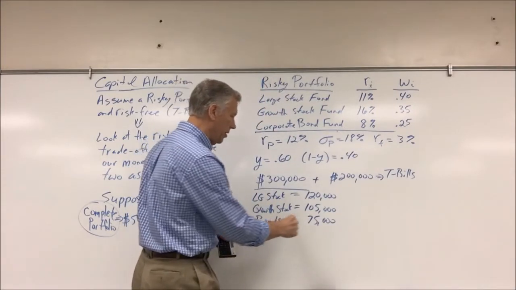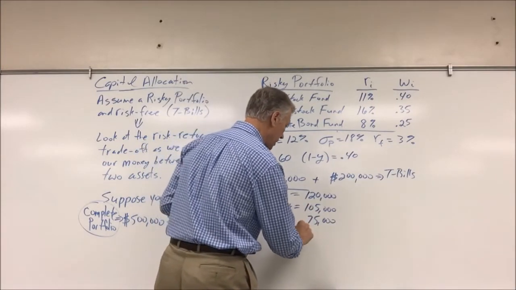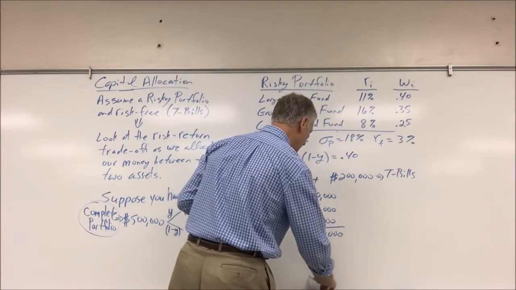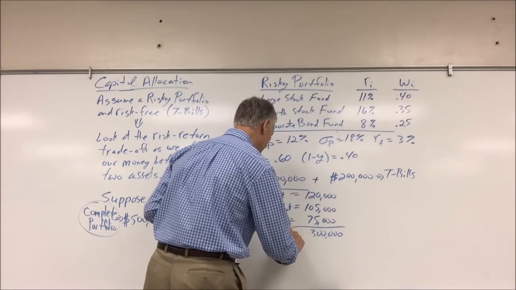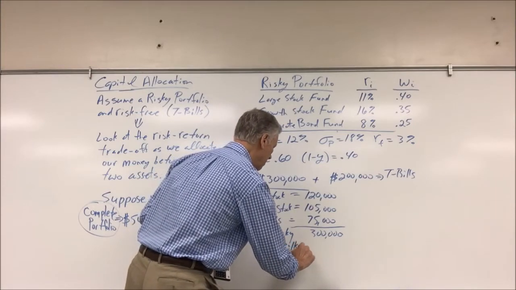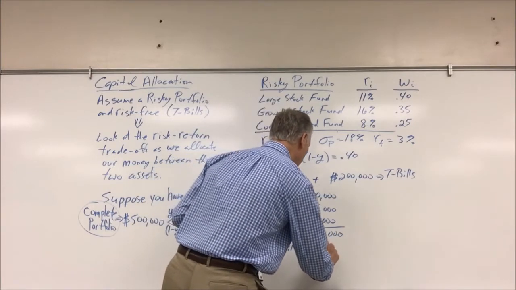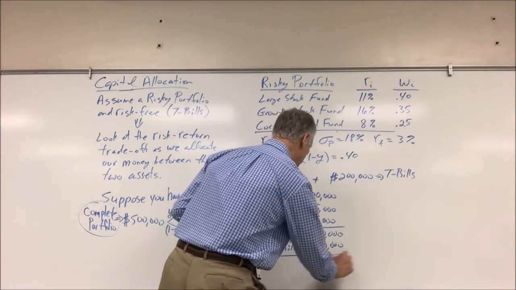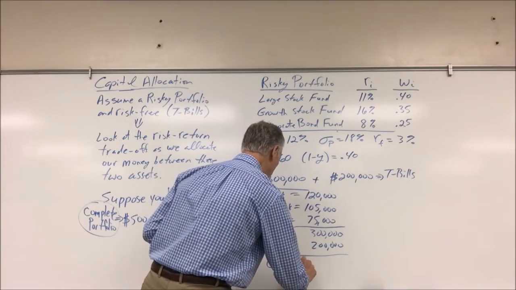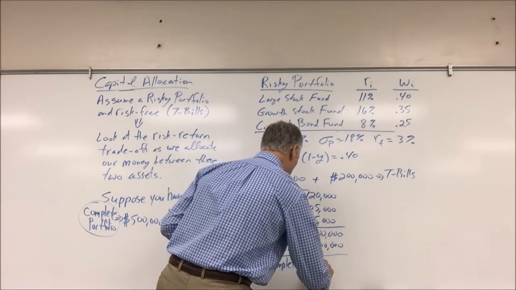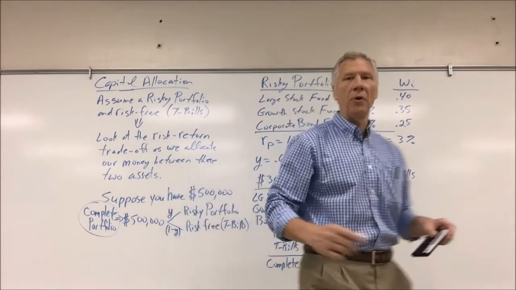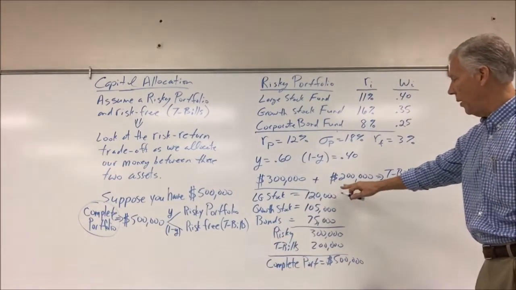If you want to look at what your portfolio looks like, here's your risky portfolio, and your T-bills are going to be $200,000. So your complete portfolio is the $500,000. I kind of broke it down for you right here.